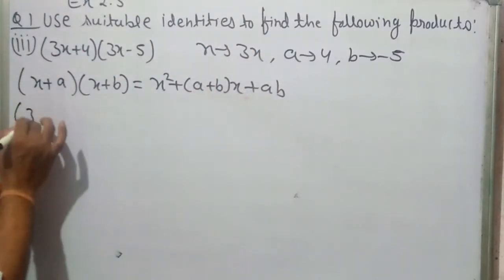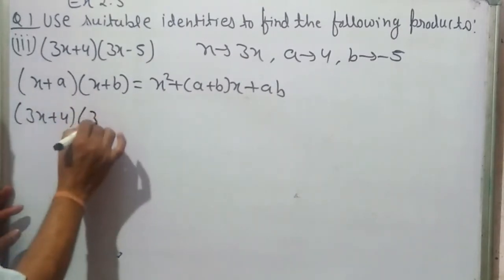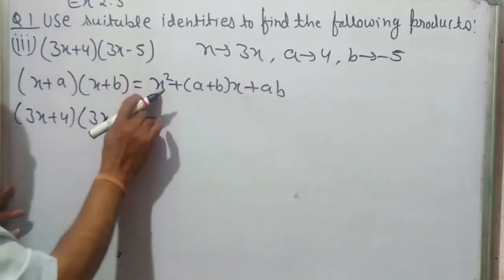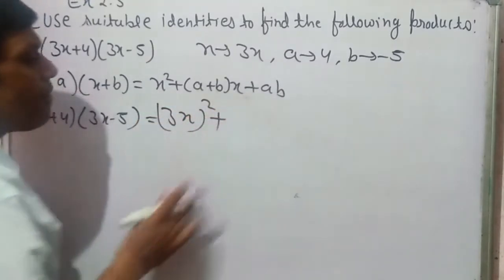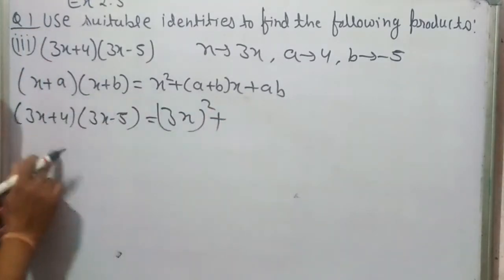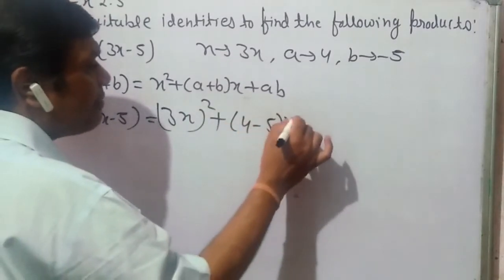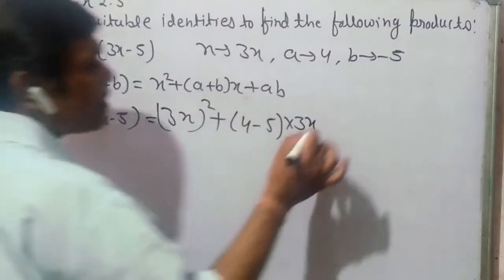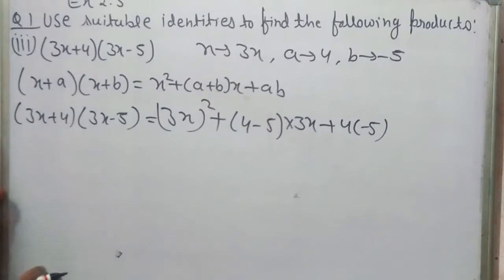So we place the values along with their signs. What we get is (3x + 4)(3x − 5) should be (3x)² + (4 − 5)(3x) + 4 × (−5).